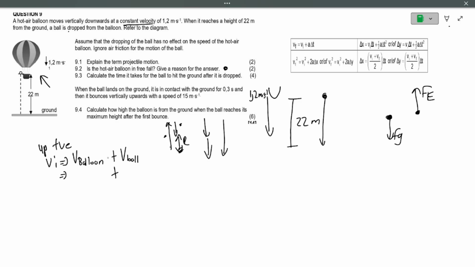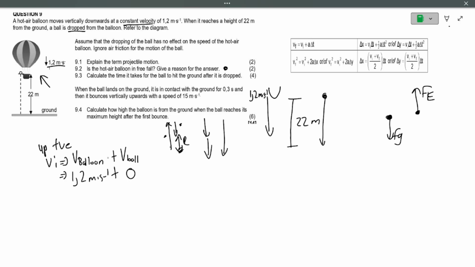We see that the ball was dropped. It means that when the ball leaves the thrower's hand, there was no velocity put on it, meaning that it is zero. It was just released. But what is the velocity at which the balloon is moving? The balloon was moving at a constant velocity of 1.2 meters per second, and then we must choose direction.